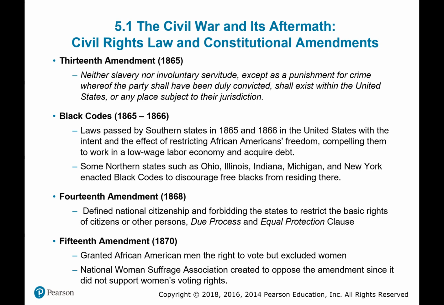And the women's groups that had worked with the abolitionists were upset and were actually against the 15th Amendment because they wanted the amendment to include the right of women to vote as well. And so that created some bad sentiment and created splits in the groups, and the National Women's Suffrage Association was created just to oppose the amendment since it did not support women's voting rights.